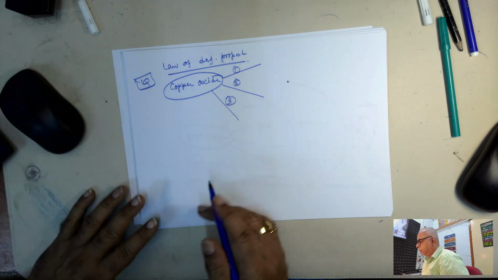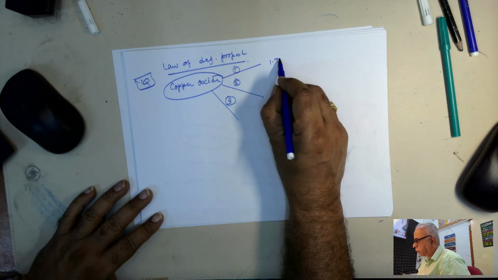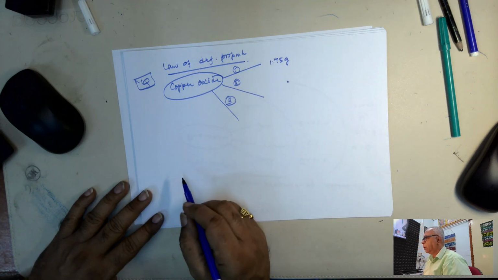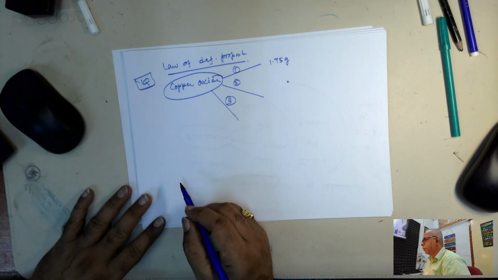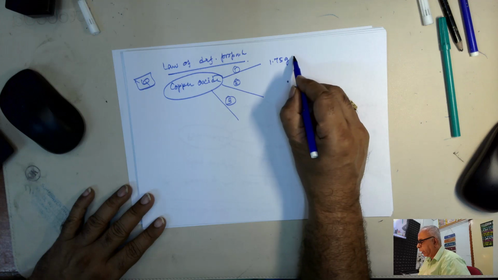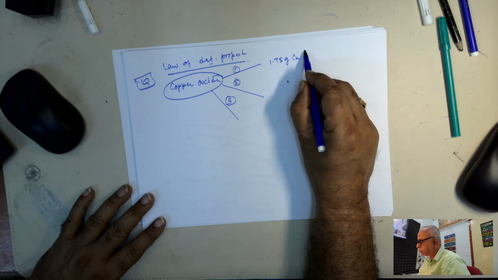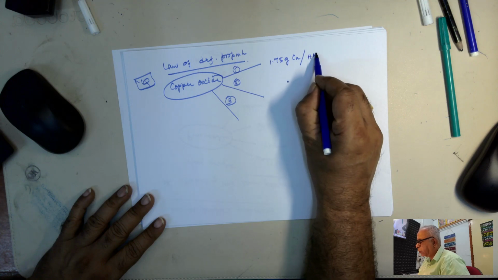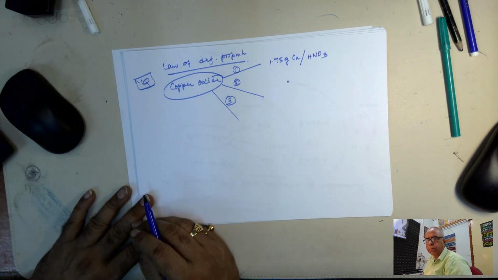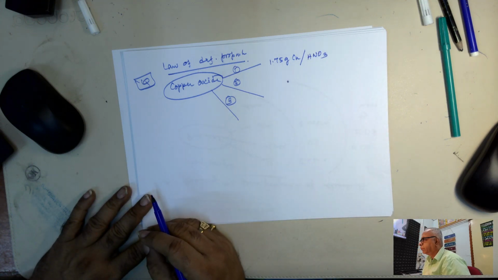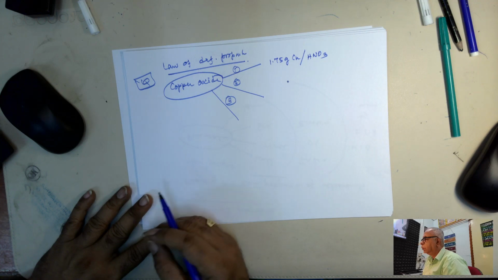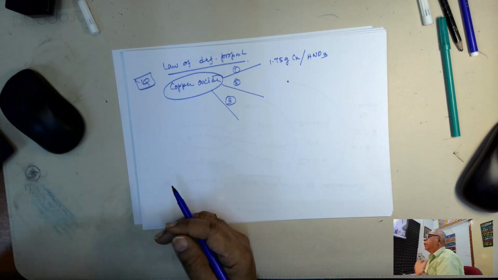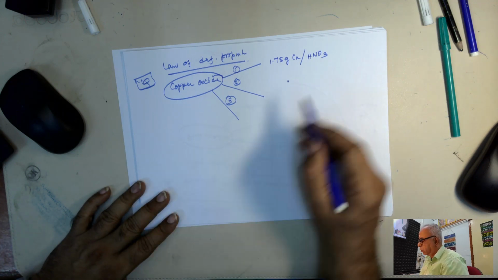In the first method, we take 1.75 gram of metal, that is copper, dissolved in nitric acid, HNO3, and igniting the residual copper nitrate.